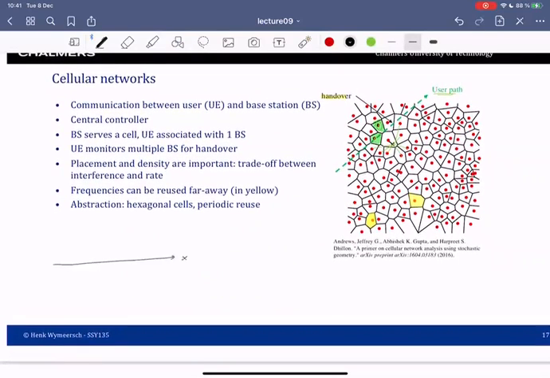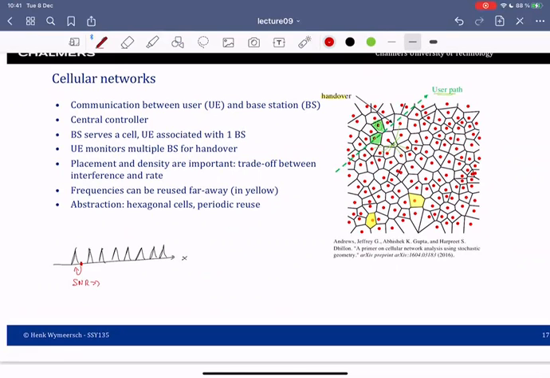So let's suppose we live on a line. We have a base station here, and we put our base stations like this. Then a user here will typically see a base station very close. So this means that the SNR will be very large.